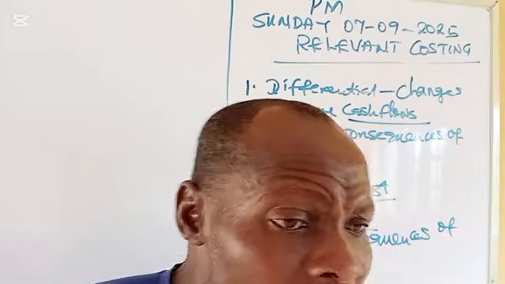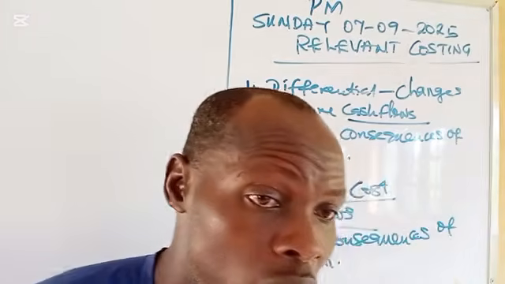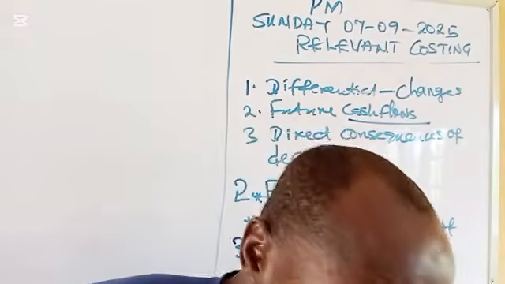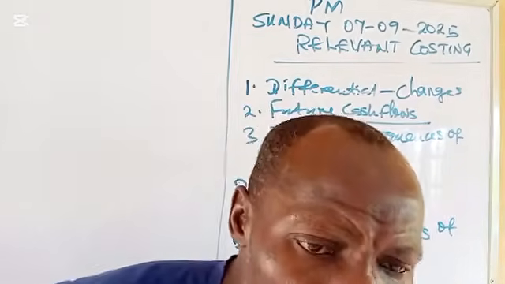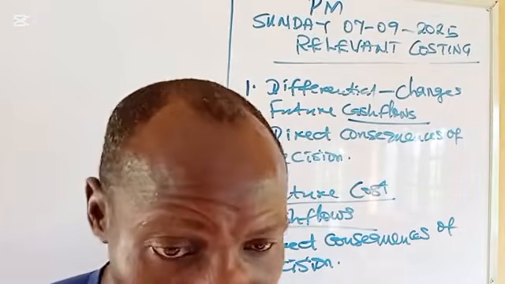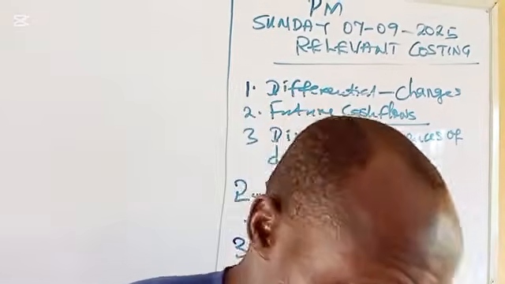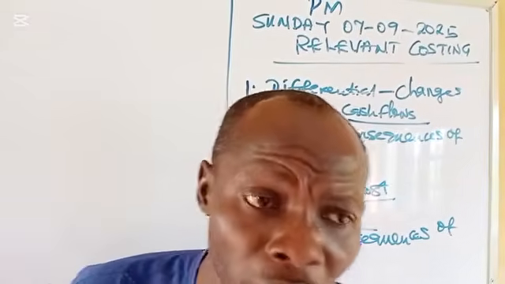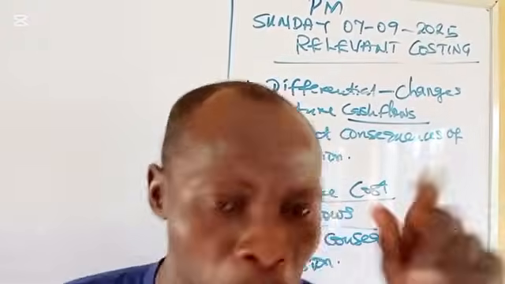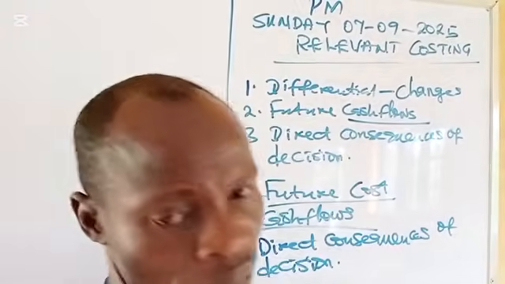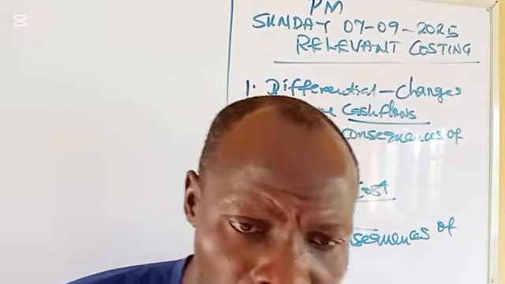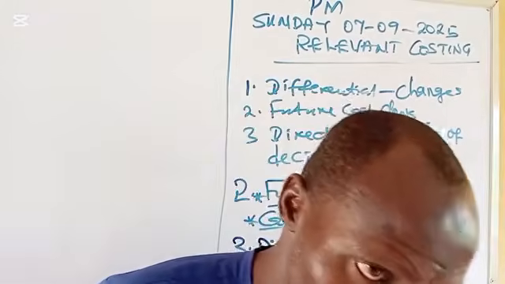Your decision might be to produce a particular product. It means the costs that are relevant to that product must be the costs incurred because of that product. You are incurring those costs because of the project under consideration, not for any other purpose.